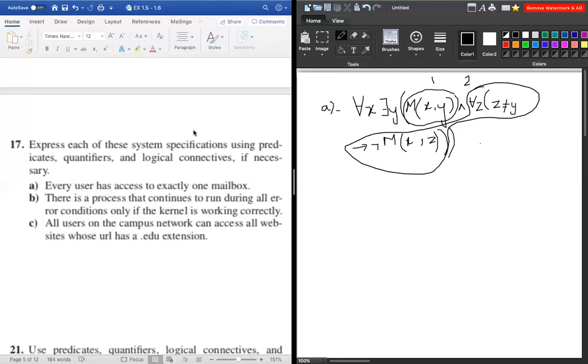Okay, let's take another example. Part C. So here we will say all users on the campus network can access all websites whose URL has a .edu extension.